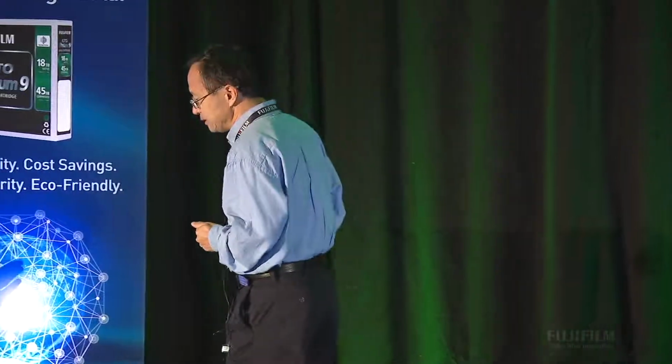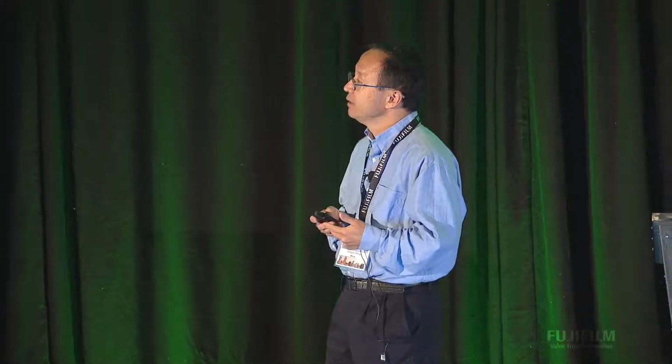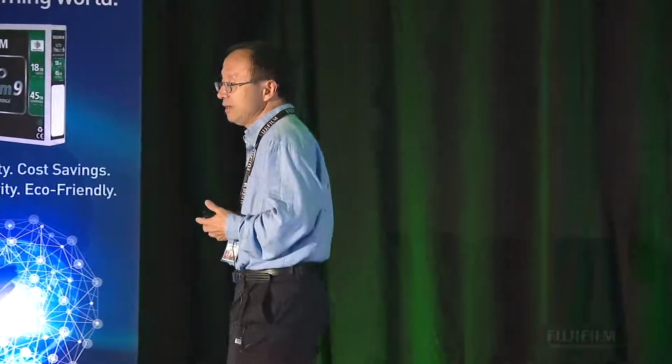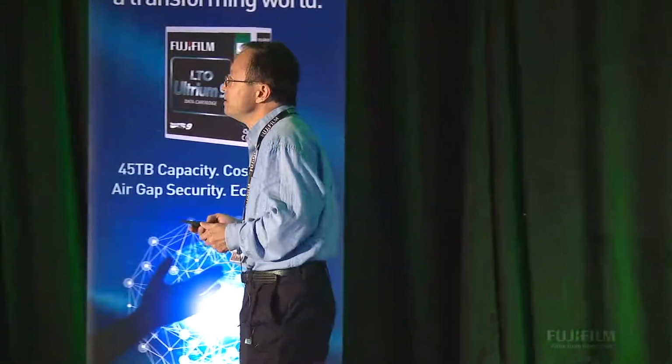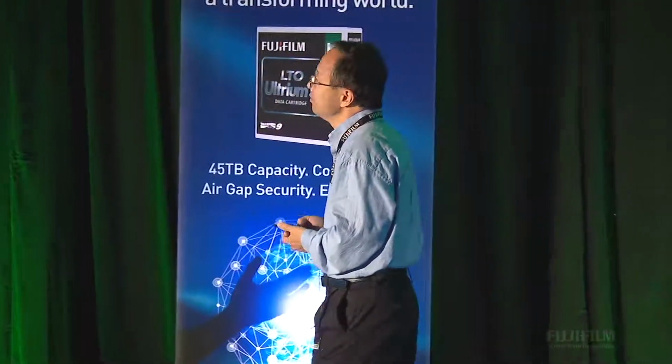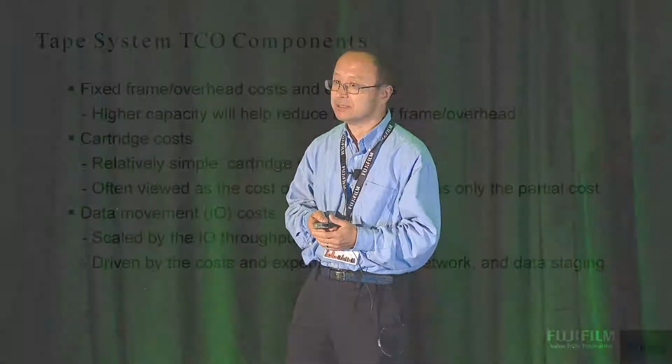That includes the head nodes that interact with the tape drive, the network that supports the I/O that we need, as well as the staging servers that group the data together to stream in and out of the tape system. So there are four components of the tape total cost. And then we divide the total cost by the total capacity of the system.